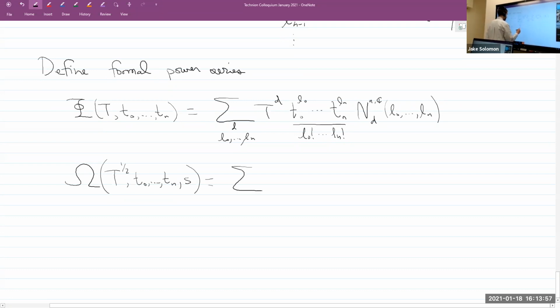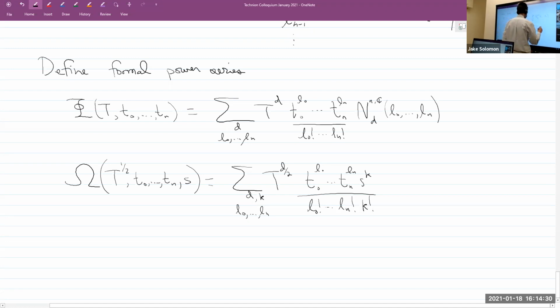It's the sum over d, k, and L0 to Ln of T to the d over 2, and then t0 to the L0 up to tn to the Ln, s to the k, over L0 factorial up to Ln factorial and k factorial, times N_{d,n}^R(k, L0, ..., Ln).